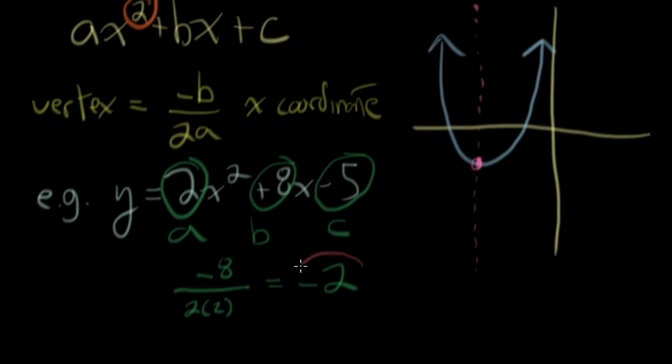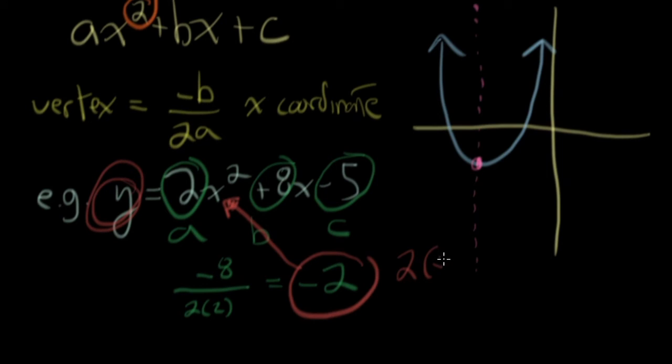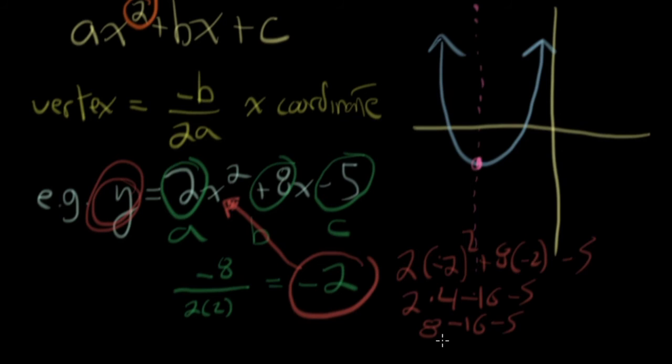I'll put that into the equation to find the y coordinate: 2 times negative 2 squared plus 8 times negative 2 minus 5. So 2 times 4 minus 16 minus 5. Using order of operations, 8 minus 16 minus 5, so negative 8 minus 5 is negative 13, if my math is right. That's the y coordinate.